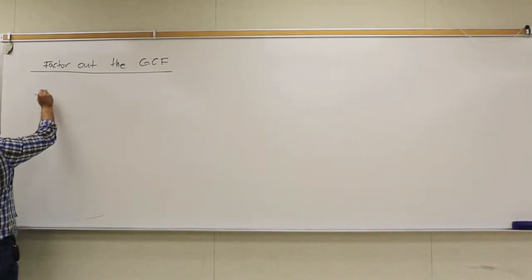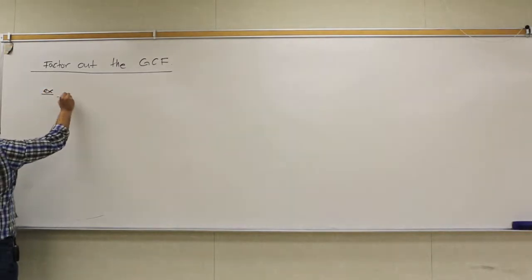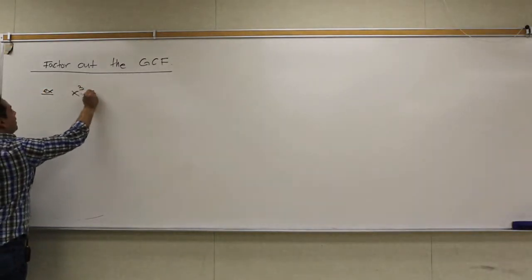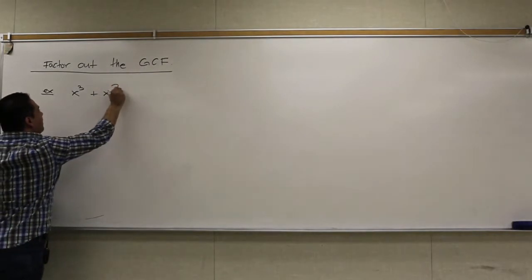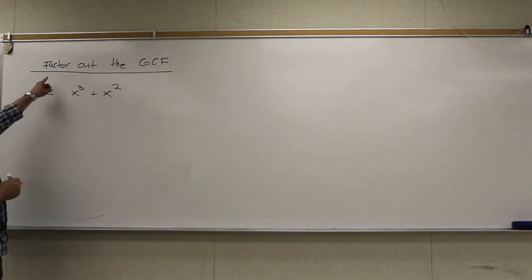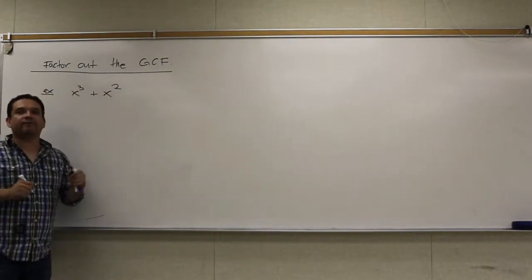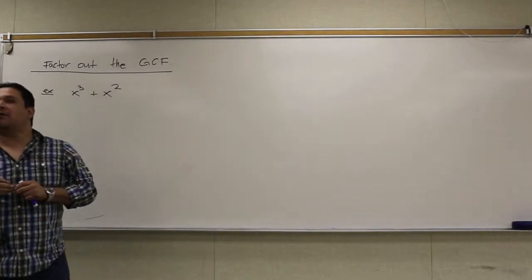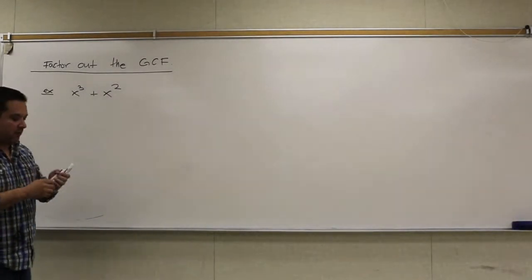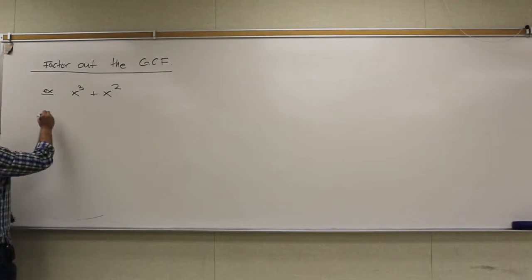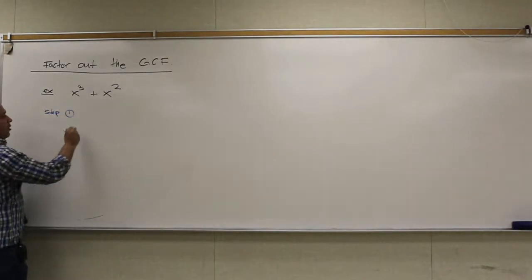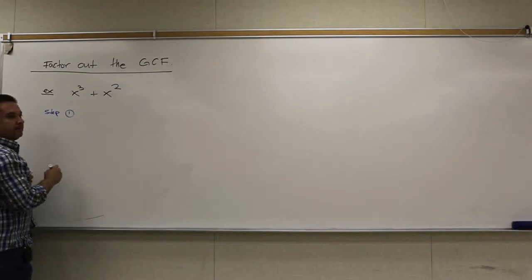So for example, if you had something like x cubed plus x squared, and your instructions are to factor out the greatest common factor, well, guess what? Here's what you're going to do. You're going to follow this procedure, this recipe. Step number 1.